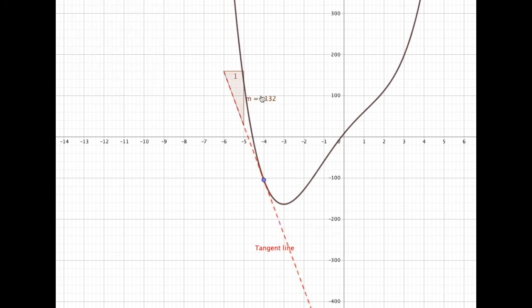So we see we have a slope of minus 132. So we have a negative gradient.